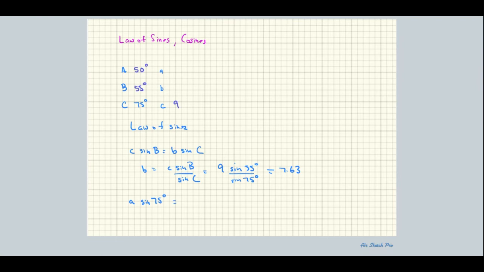So A is going to be 9 sine 50 degrees over sine 75 degrees. Okay, so we got to plug in. Let's plug in. 9 sine 50, divide by sine 75.